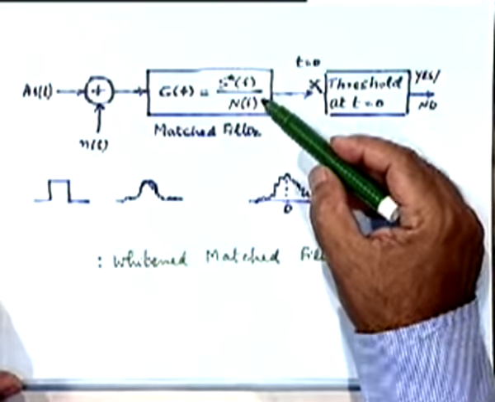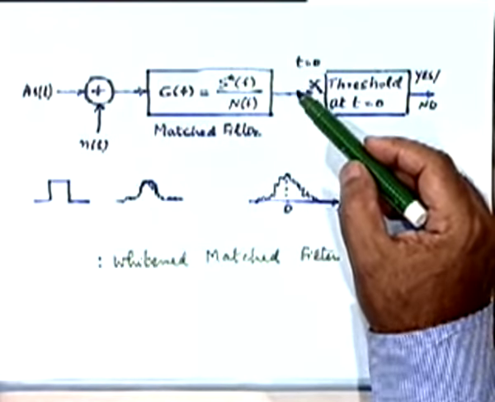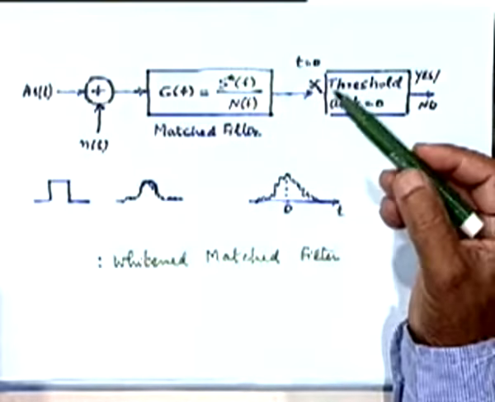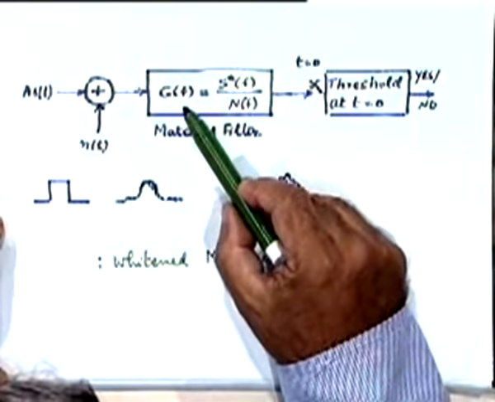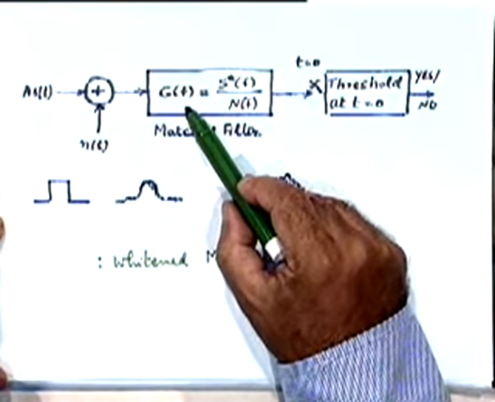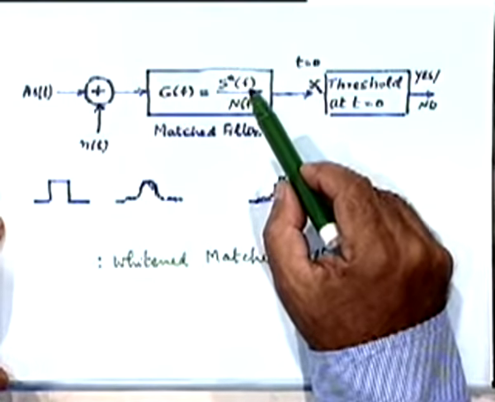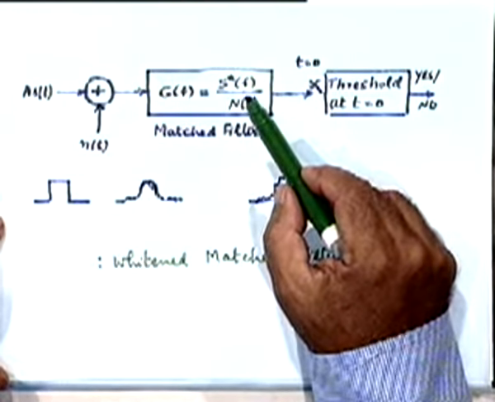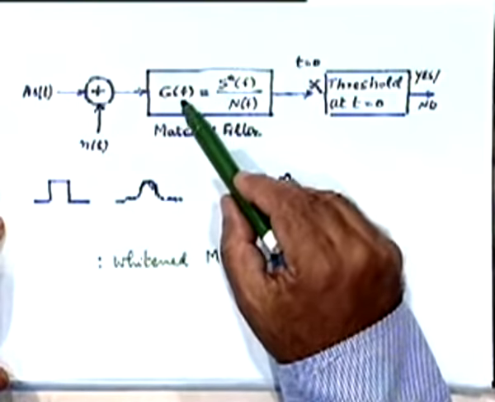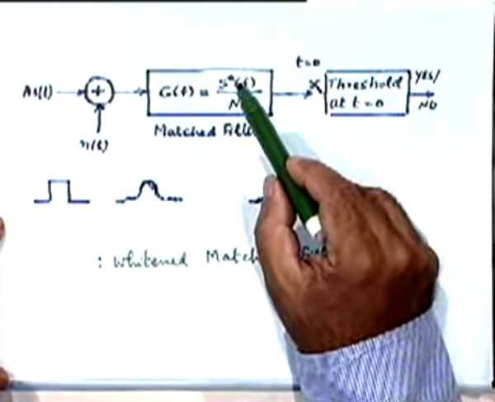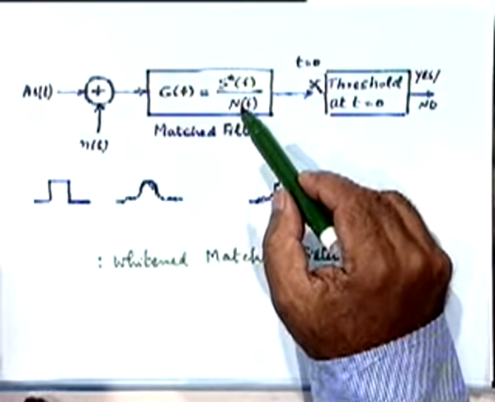Let's discuss how, or why, it maximizes signal to noise ratio. Intuitively, we can try to appreciate that. Basically, the transfer function will have large values at those frequencies where the signal to noise ratio is large, and small values at those frequencies where the input signal to noise ratio is poor.